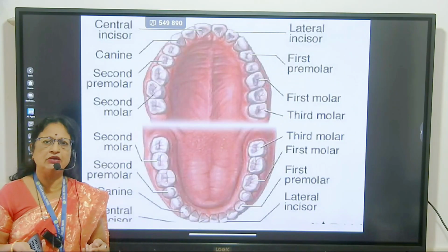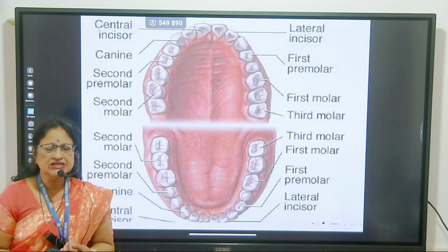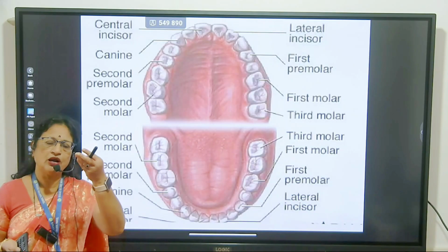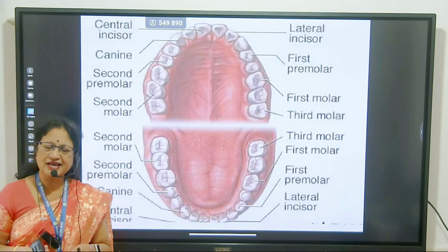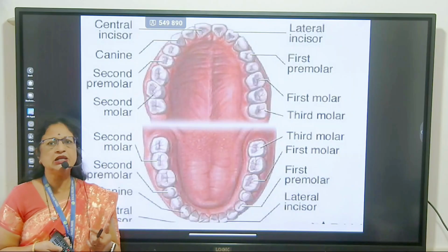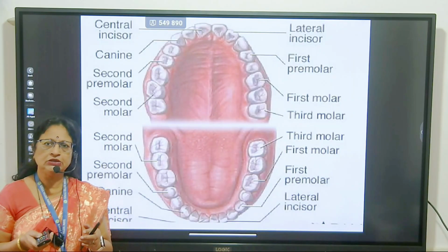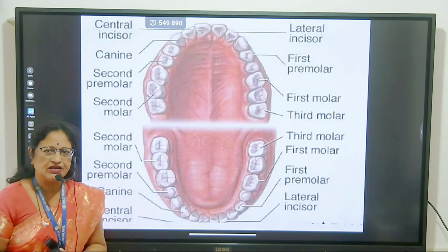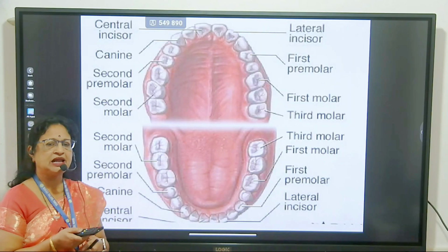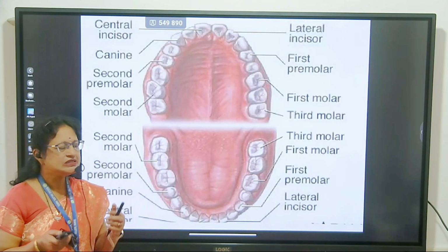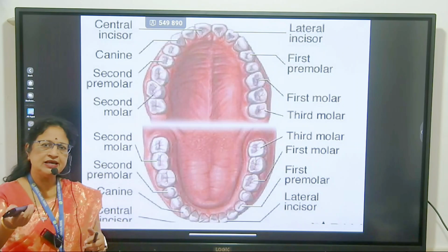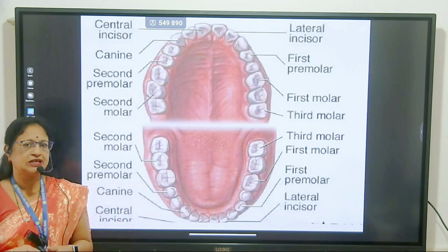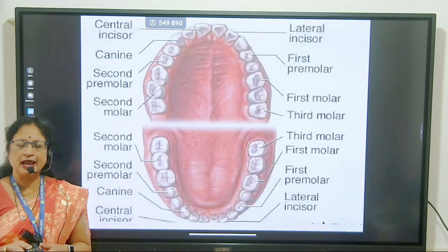The frontal ones are the incisors, and the two teeth present on the upper and lower jaw at the center are called central incisors. The two incisors present at the side of these central incisors are called lateral incisors. The single tooth present at the side of the lateral incisor on both sides is called canine.